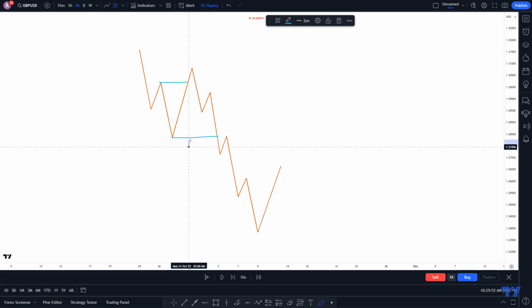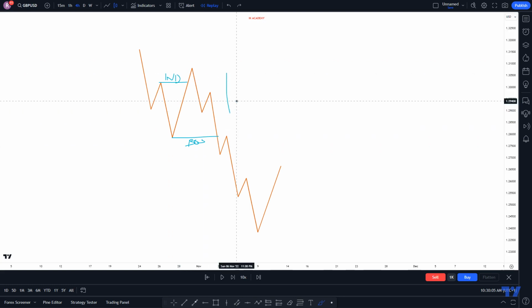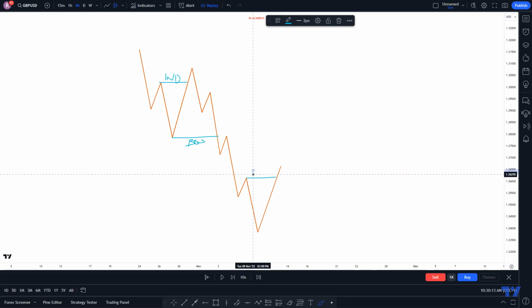So we have our break of structure, our BOS here, and then we have our inducement here, and then we clearly know that price is on a downtrend. So we're basically looking for sells based on the structure. Now you know this place is our current inducement. We have our inducement taken.